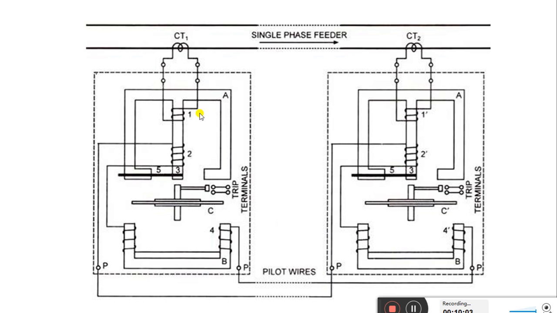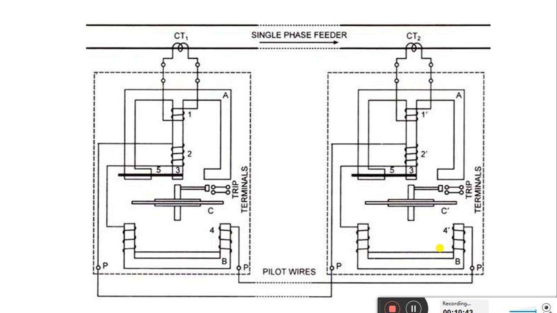Then the induction of the coils 1 and 1 dash will affect the induction in the coils 2 and 2 dash. So 2 and 2 dash coils are just mounted below the 1 and 1 dash coils. And further, these 2 and 2 dash connections are in phase opposition, and also they are connected with the coils 4 and 4 dash, which are in series.